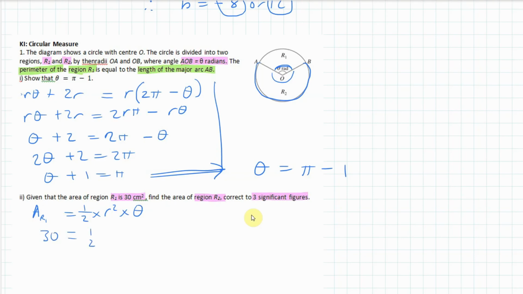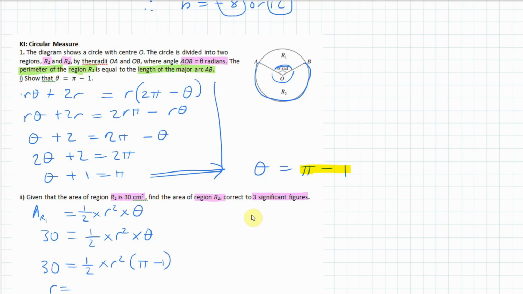So that's equal to half times R squared times theta. But I know, according to my previous question, that theta is pi minus 1. So I can therefore say that 30 is equal to 1/2 times r squared into pi minus 1. And now I can find out what r is equal to by rearranging.